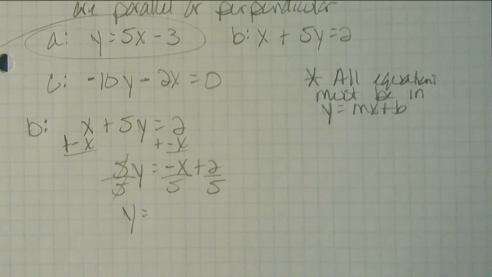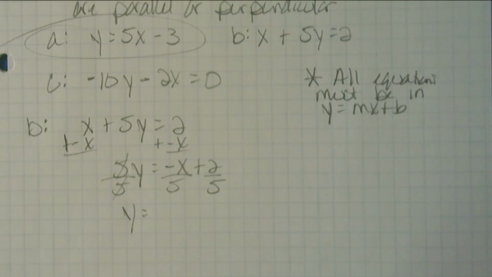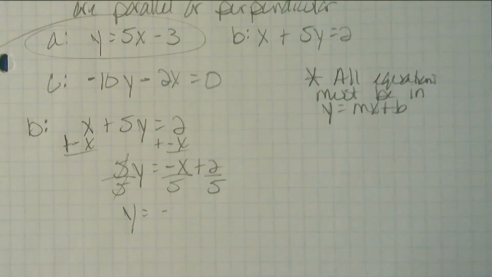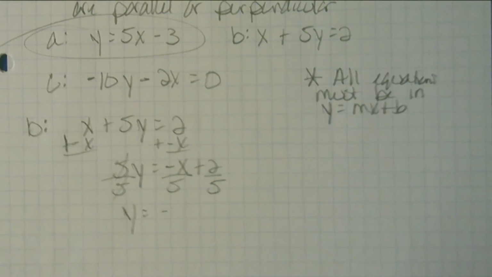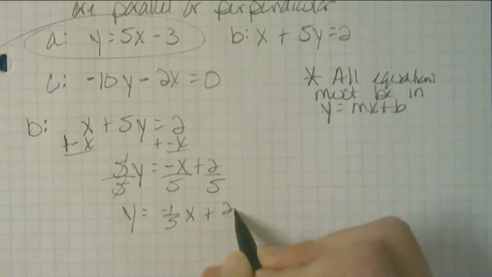So if I have negative x over 5, what is my m value? What is the coefficient of that x? Rafaela? Not just negative 1. Yep, negative 1 over 5. So it's negative 1/5 x plus 2/5.